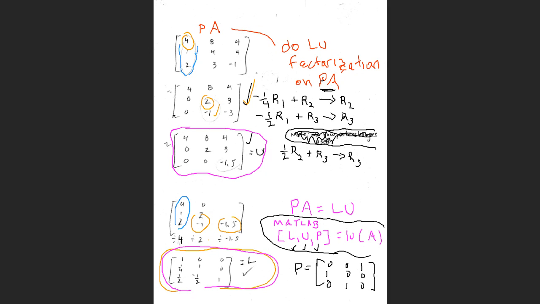So what I want to do is go into MATLAB for this example, do this command and see if MATLAB gives me U, L, and P. Okay? Are there any questions? Any questions at all?